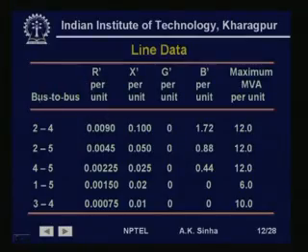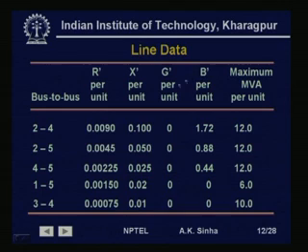So, for this system we have, for line between bus 2 and 4, resistance is given as 0.0090, reactance is given as 0.10, the susceptance is given as 1.72, that is the line charging susceptance, and we also have a maximum rating of the line, that is, you can't allow more than a certain amount of power to flow on the line, that is limited by the current carrying capacity of the conductor of that line.